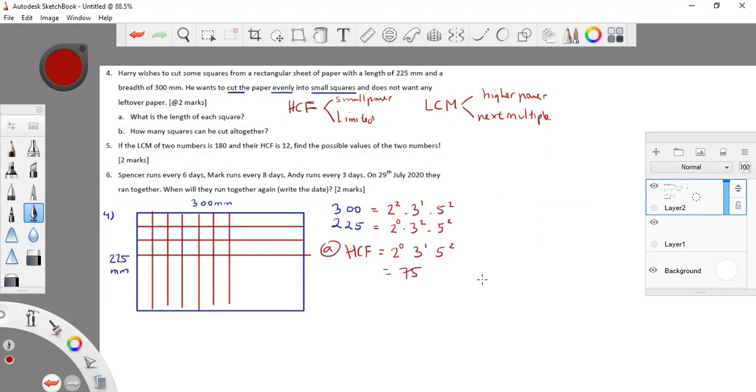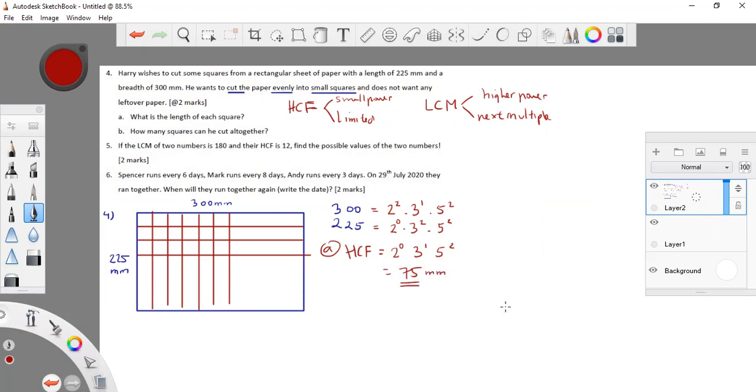What is the 75? I think I did something wrong, because 300 cannot be divided. Oh yeah, okay. 75, yes it's correct. 75 mm.